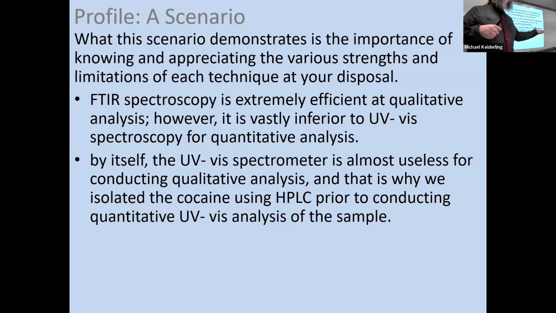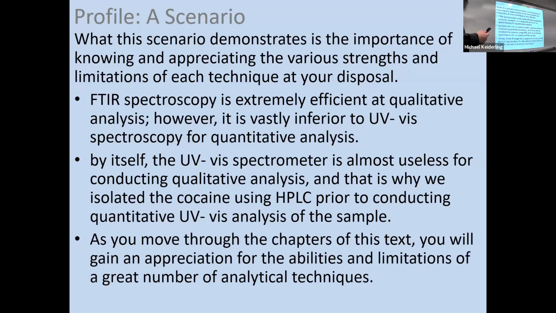Because the HPLC will separate out the various compounds over time, and you can actually identify compounds by when they come out. So you have reference material for that. And thus, you just figure out how much there is at the peak that you know should be the cocaine.